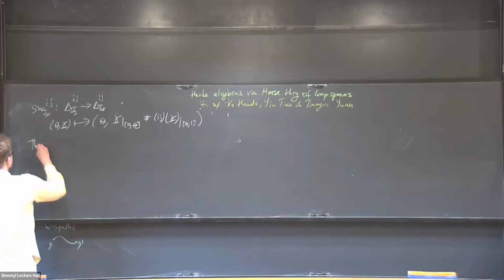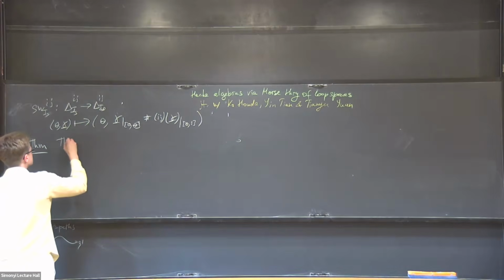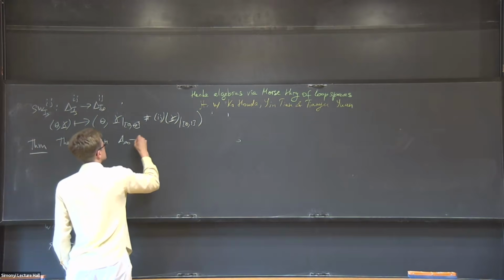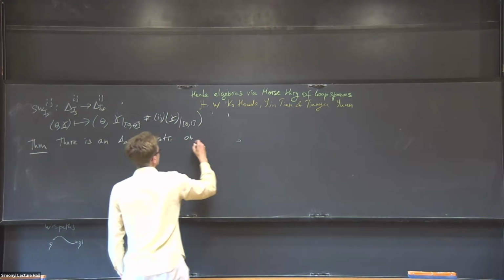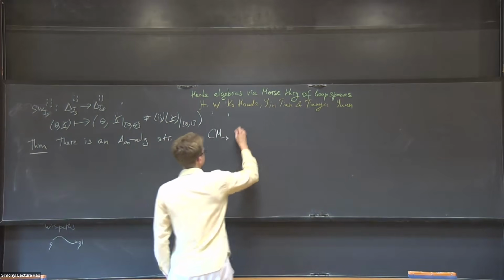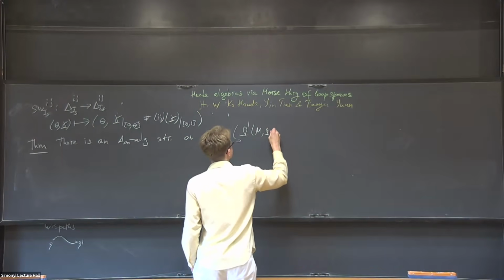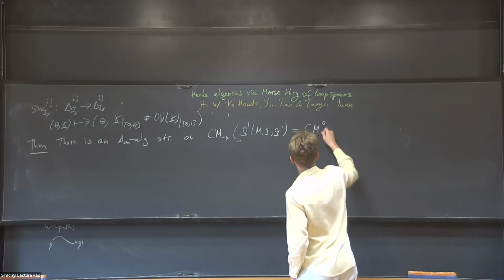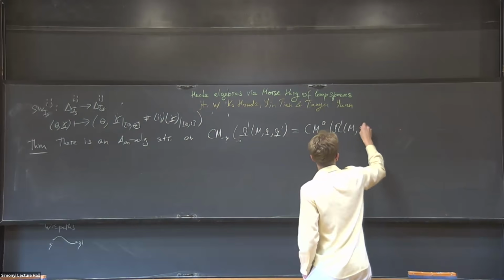So the theorem here that we prove is that there is an A-infinity algebra structure on C_m minus R, a deformation with respect to this formal variable.